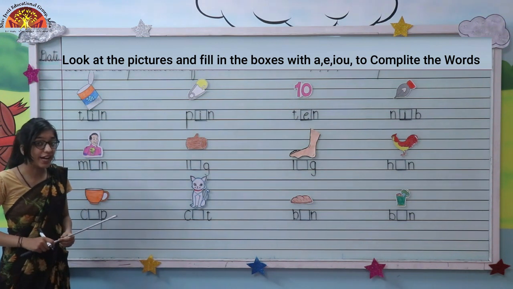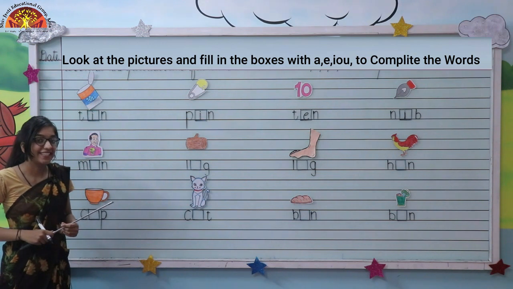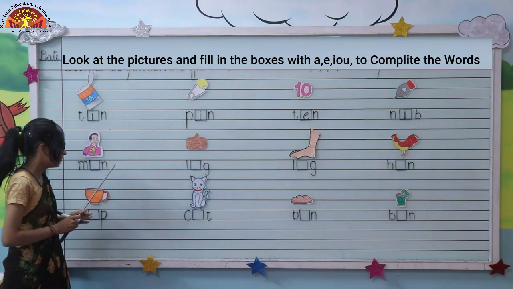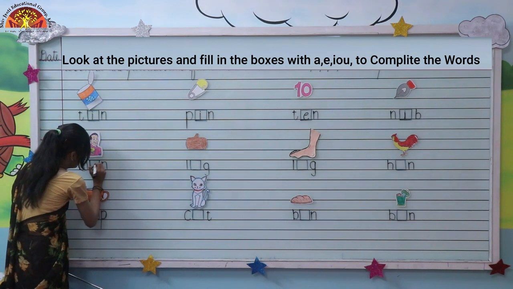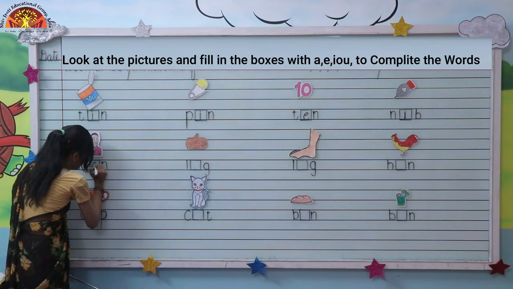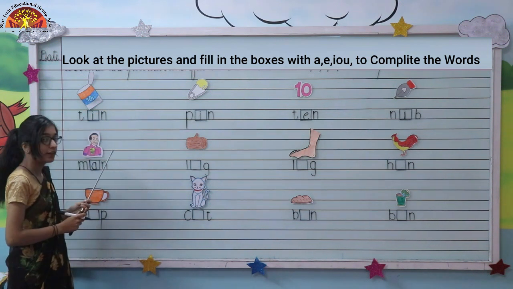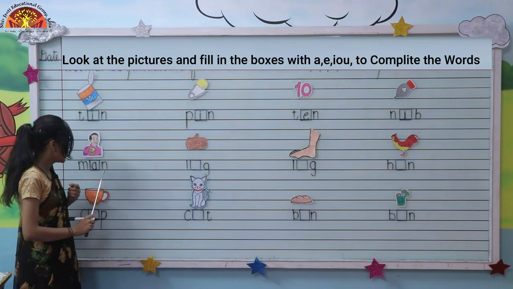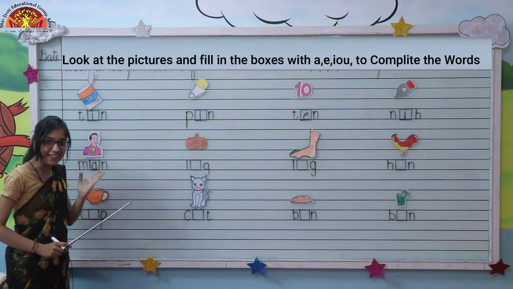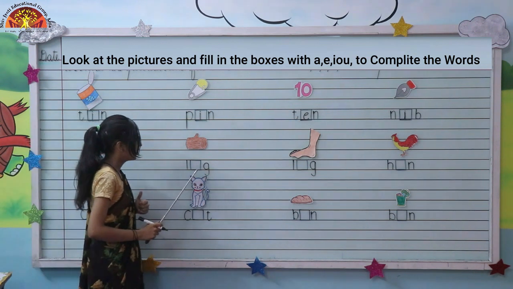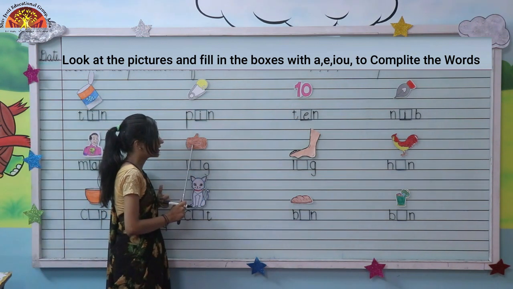So we have to write which vowel? Tell me. Yes, A. We have to write A here to complete this spelling, like this. M-A-N, man. Okay kids?